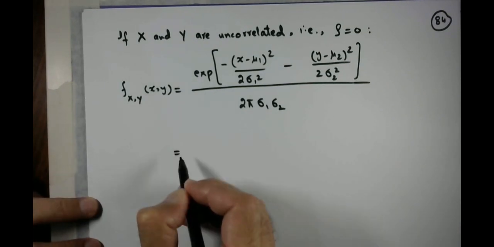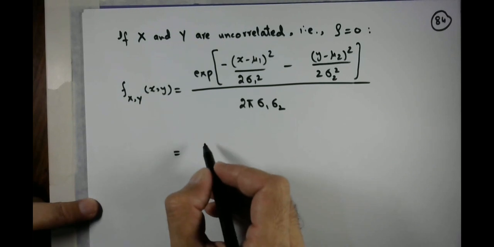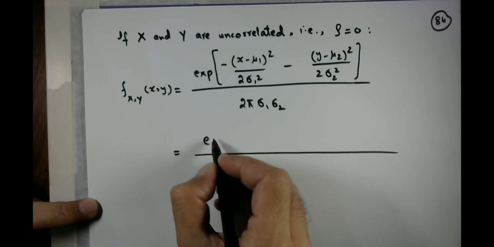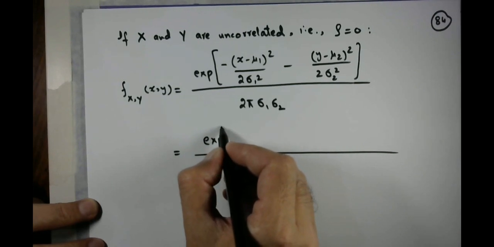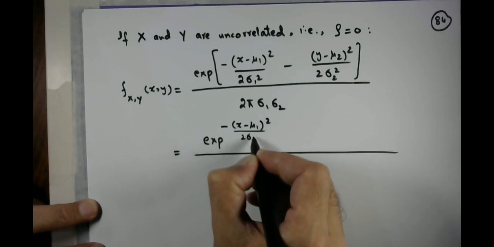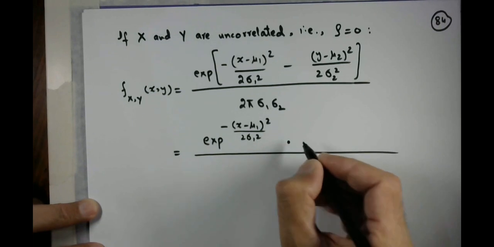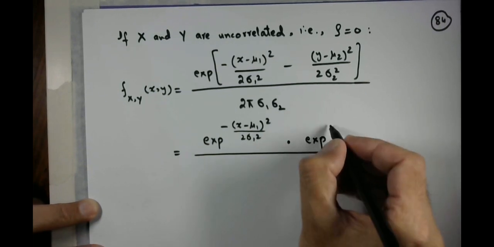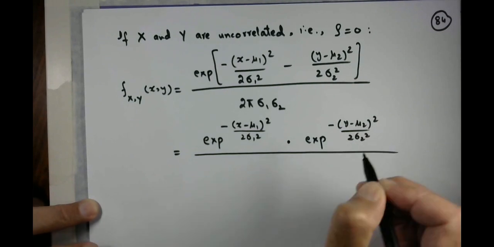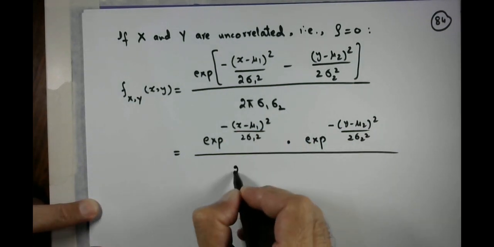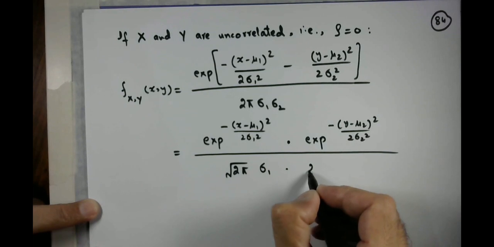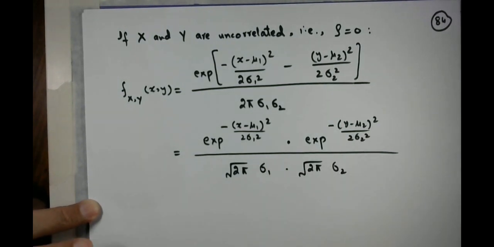So now I can write it as something like this: exponential minus x minus mu1 whole square over 2 sigma 1 square times exponential minus y minus mu2 whole square over 2 sigma 2 square, and this can be broken into 2 pi under root times sigma 1 into 2 pi under root times sigma 2.